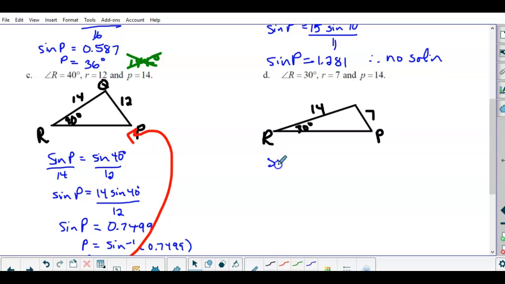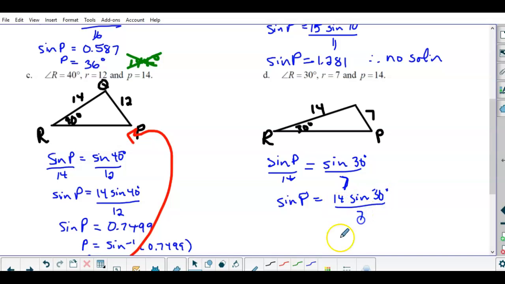So sine of P over 14 equals sine of 30 over 7. Oh, sorry. Sine of P equals 14 sine of 30 over 7.